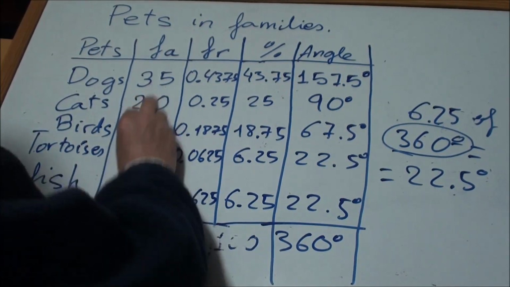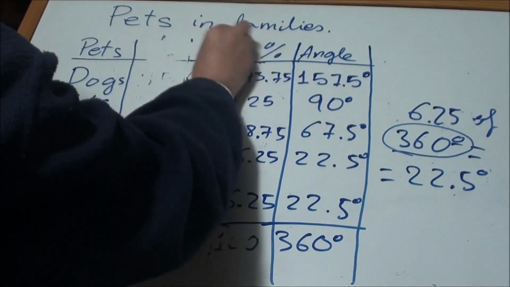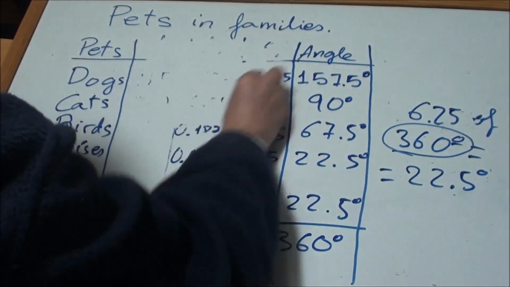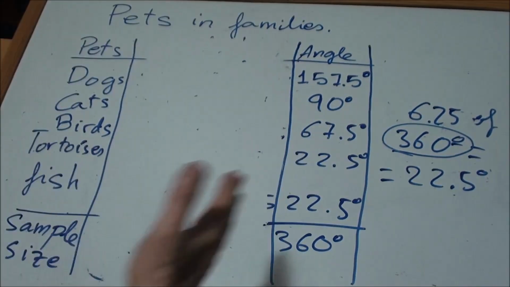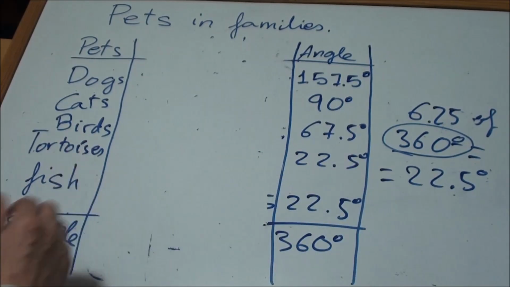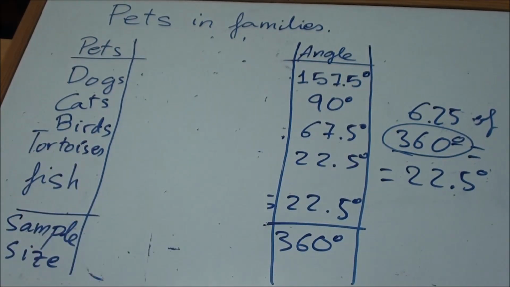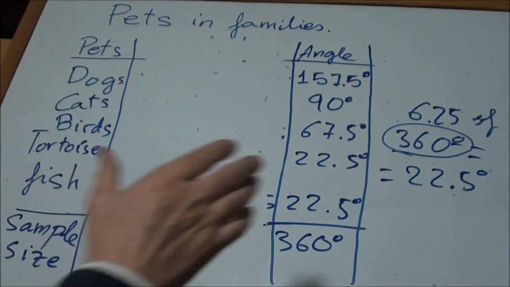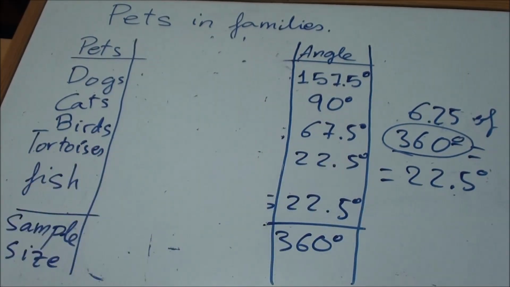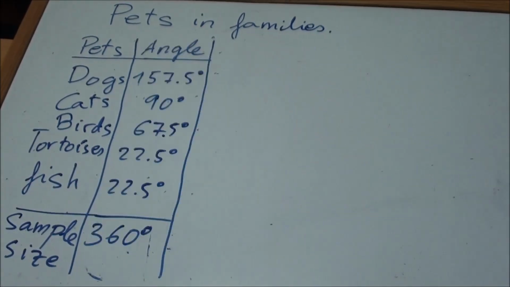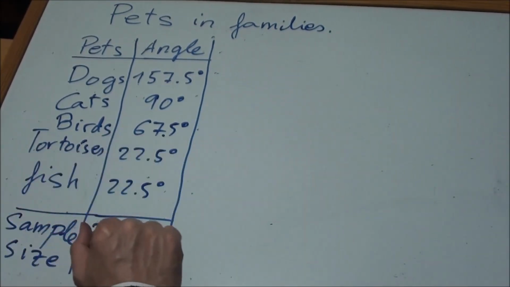I don't need them to make the pie chart. I need them to do the study, but not to make the pie chart. And now I'm gonna move this over here. And now we have space here to do it.